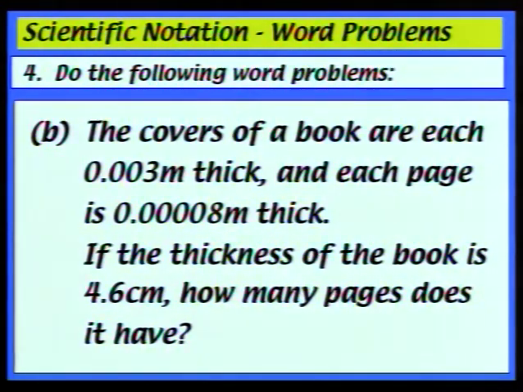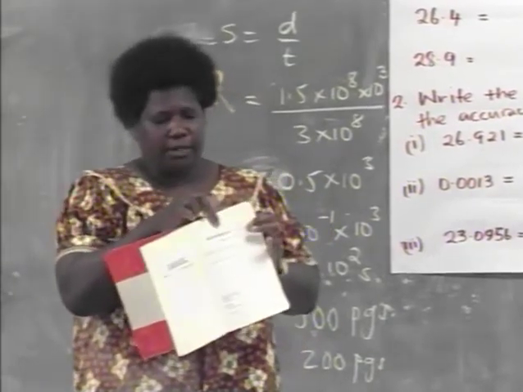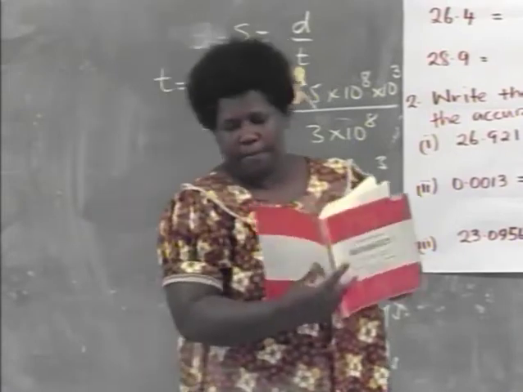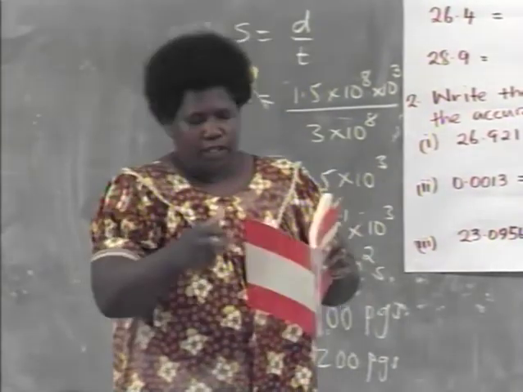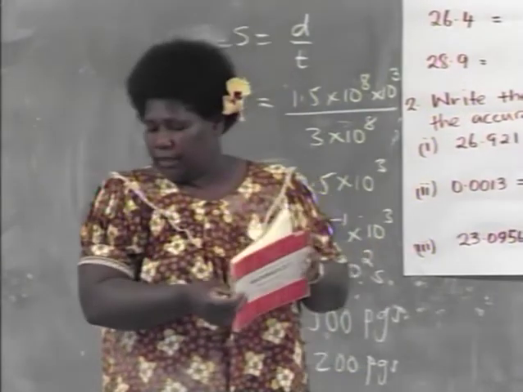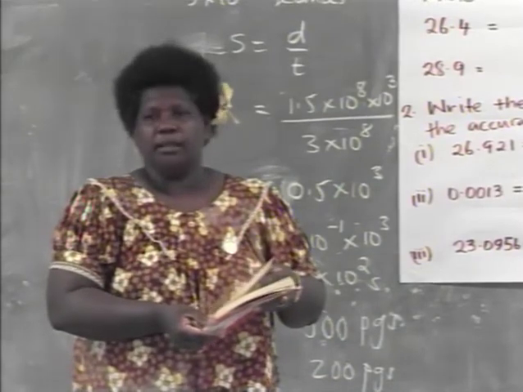If you remove the 2 covers, that means you're removing the 0.006, and then you're going to use the thickness of the pages to find the number of pages that are in the book. So if each of these covers is 0.003 meters, that means it's 0.3 centimeters thick.